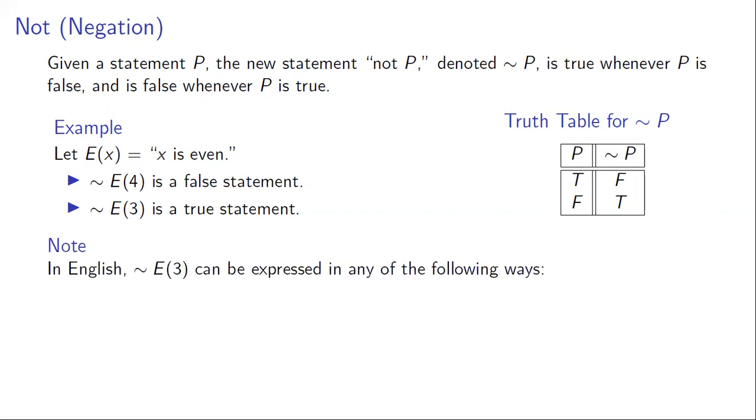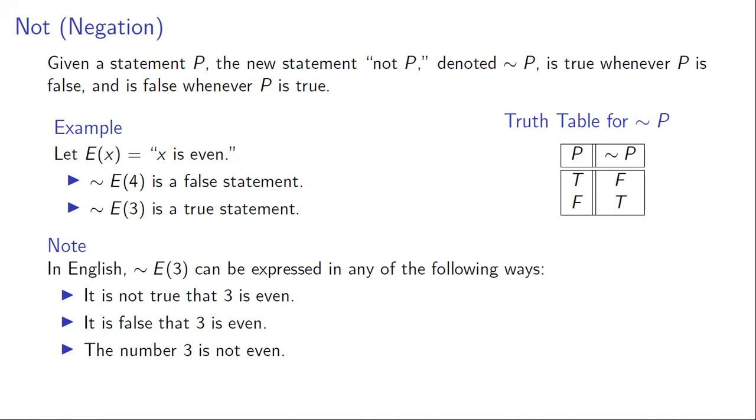Now in English, something like not E(3), in other words, 3 is not even, can be expressed in any of the following ways. We can say it is not true that 3 is even, or it is false that 3 is even, or the number 3 is not even. The reason for adding these words is that it's not good grammar to start a sentence with a number.